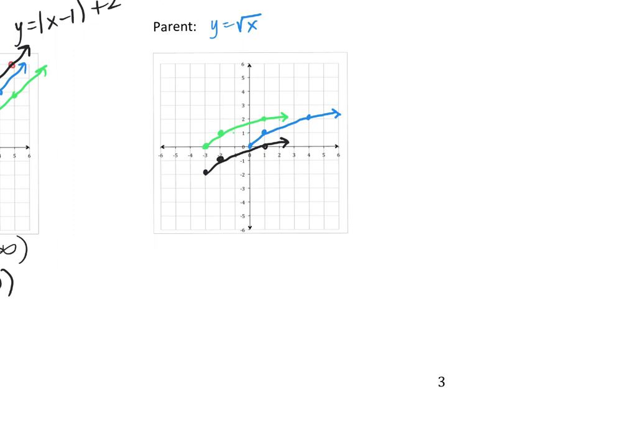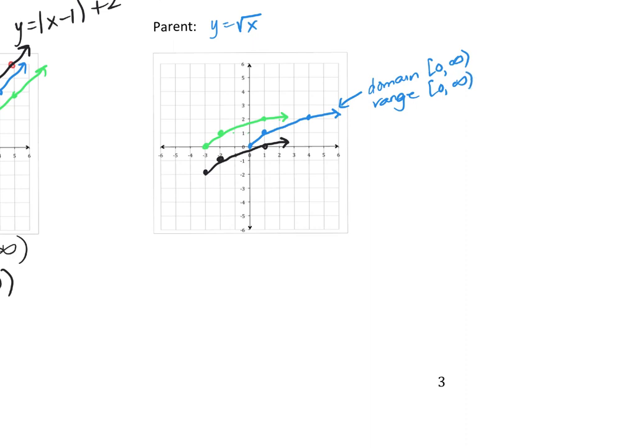If you were graphing by hand and you didn't have a nice graph with nice points, you would definitely have to label some points. And it's a good idea to label points anyway. However, the domain of my original parent graph was restricted. The original domain was 0 to infinity, and the original range was also 0 to infinity.